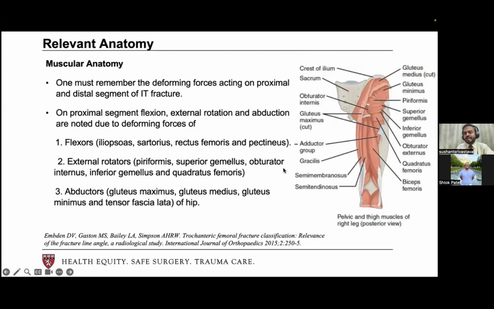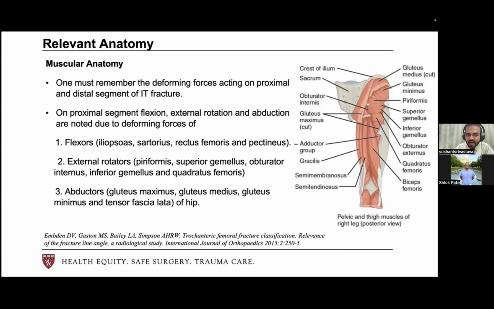Now, with the bony anatomy done, let's dive straight into the muscular anatomy. One should remember that the deforming forces acting in an intertrochanteric fracture exist on the proximal as well as the distal segment. In the proximal segment, there is flexion, external rotation, and abduction.